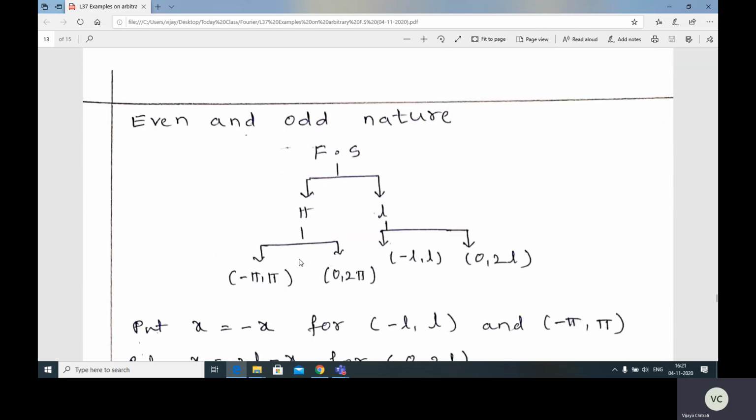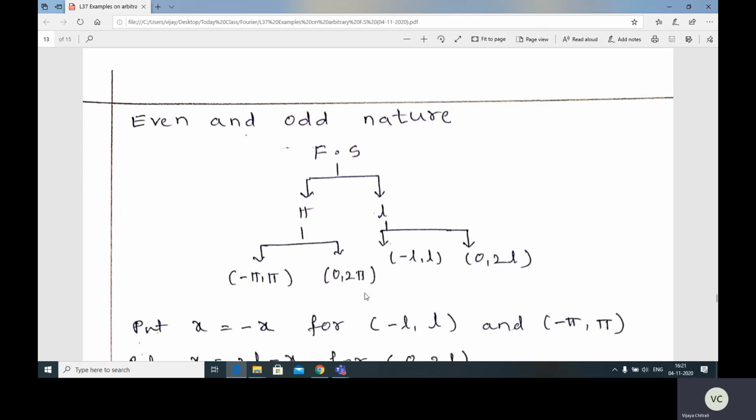Now we'll discuss even and odd functions. Again, Fourier series in terms of pi, and in terms of arbitrary period, meaning L, and this in terms of period 2 pi, meaning here pi. Again, this is divided into minus pi to pi, 0 to 2 pi, and arbitrary period minus L to L, 0 to 2L.